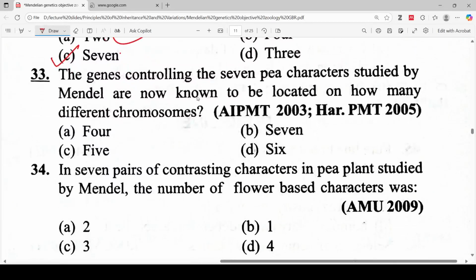Next question. The genes controlling the 7 pea characters studied by Mendel are now known to be located on how many different chromosomes? So 4 different chromosomes.